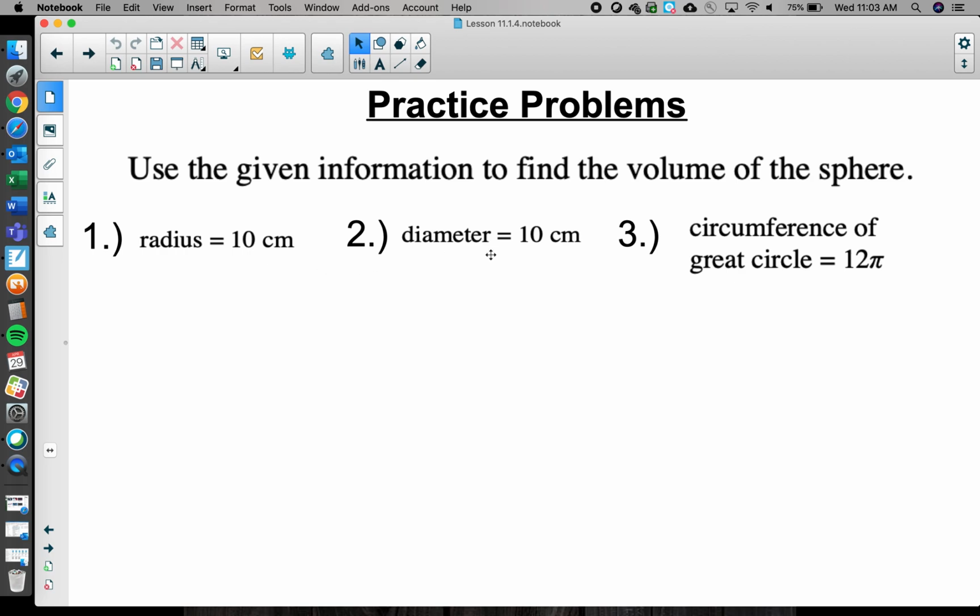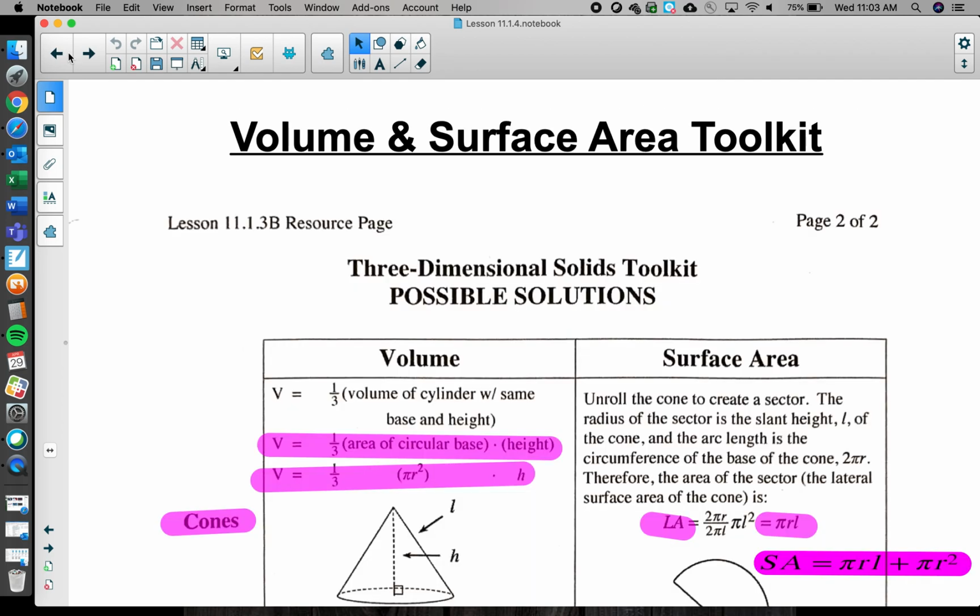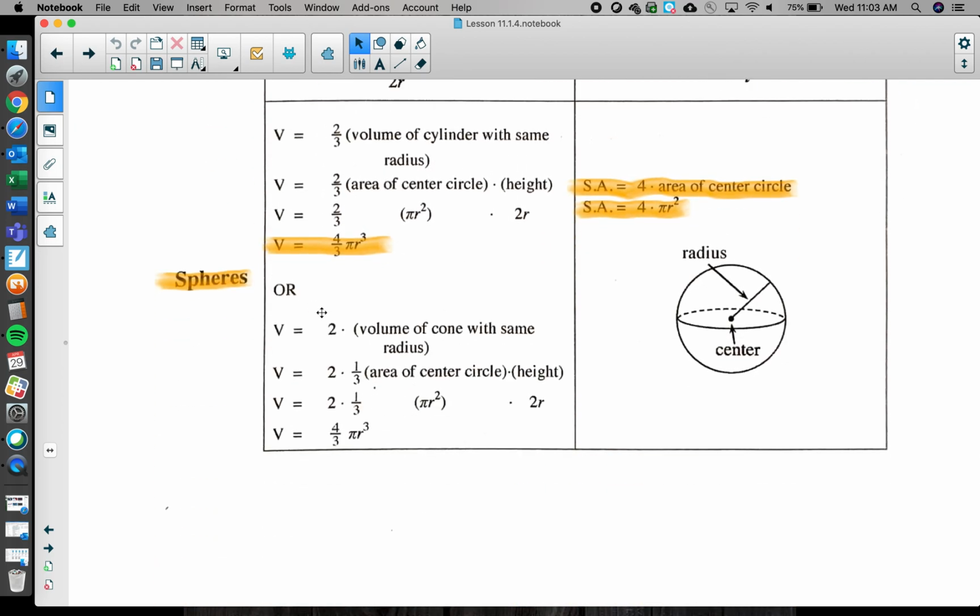For the first 3, all you're doing is finding the volume. Given the radius, given the diameter, and when it says the circumference of the great circle, I'm going to go back just for a second. The great circle is the circle at the center here. So when you're given the circumference, you're going to use that to actually find the radius of your sphere.